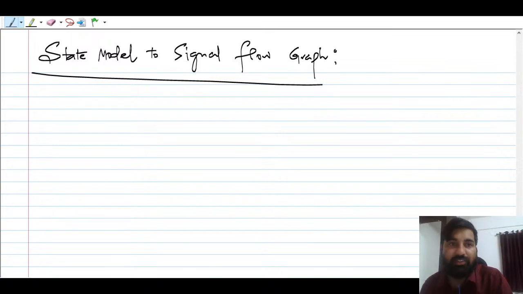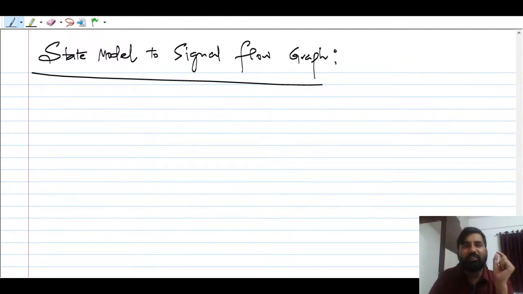Please remember state model to signal flow graph. Now they will not give you the transfer functions and all. What they will give you is a signal flow graph, and from the signal flow graph you have to directly write the state model.